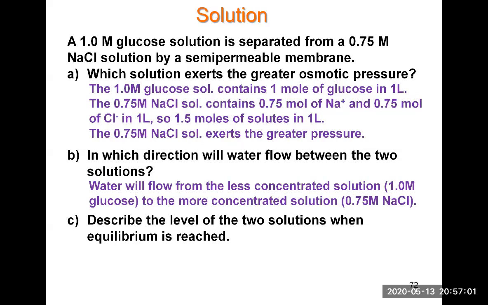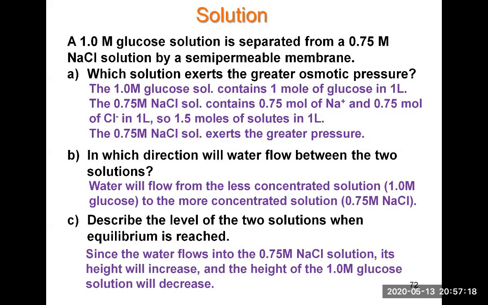So now if we need to describe the level of the two solutions when equilibrium is reached, knowing that water flows away from the 1 molar glucose solution, that means the level of the 1 molar glucose solution will decrease, and the level of the 0.75 molar NaCl solution will increase because water flows into it.